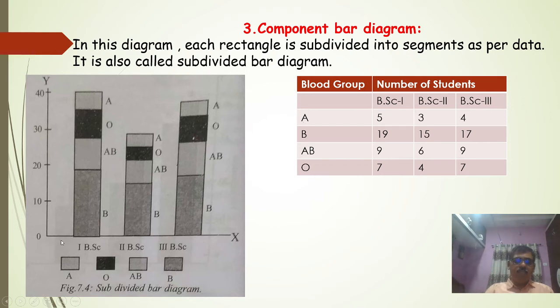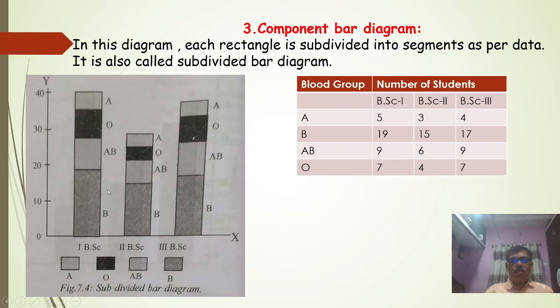The students in BSc 1 having A blood group are 5. Then O blood group, these are 7. Then AB is 9.